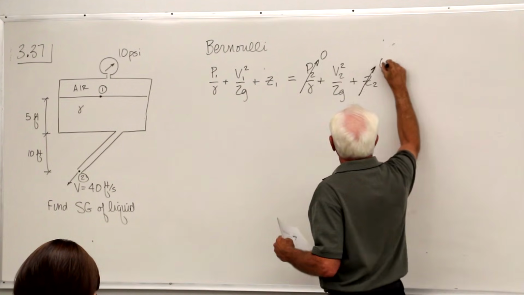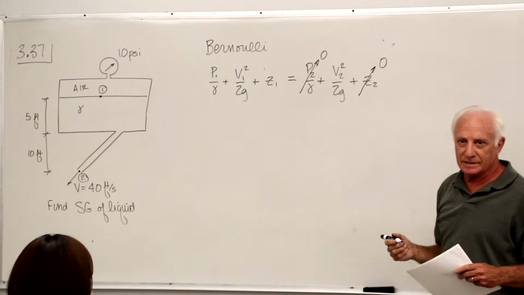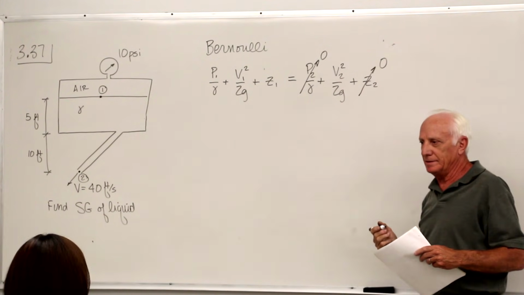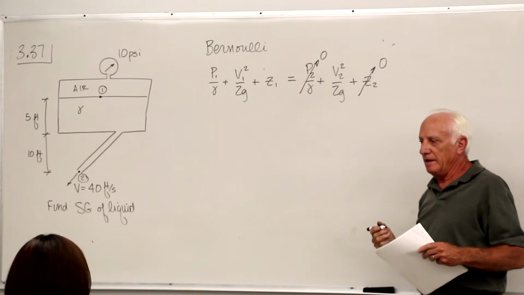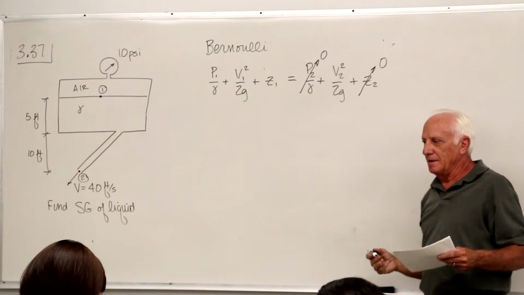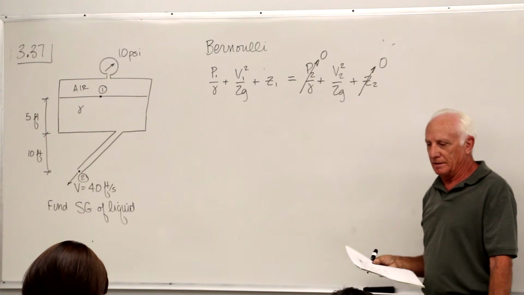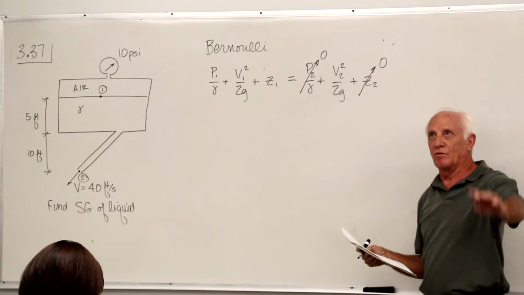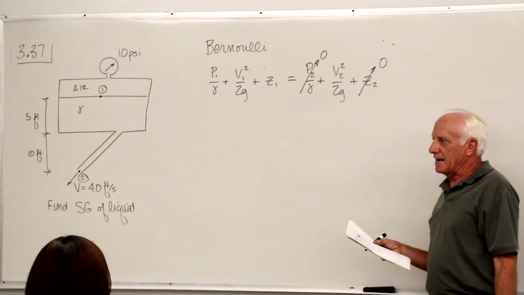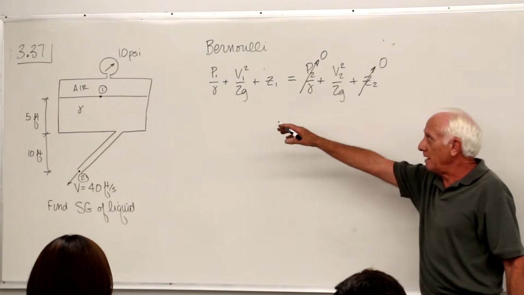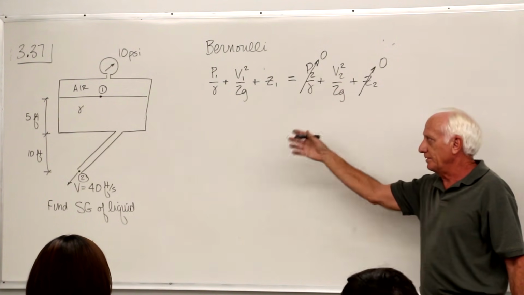That's my choice. That's called the datum, D-A-T-U-M, where you measure things from. If you're in a factory or a plant, the datum is typically the floor of the plant. How high is the water tank above the floor? 30 feet, etc. So the datum, you're free to choose. You can take the top. I don't care. Take point 1. I'm taking point 2.